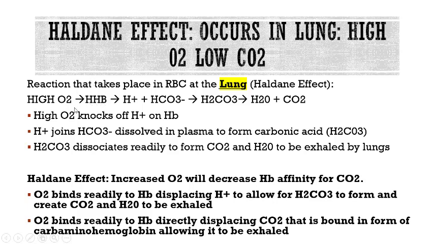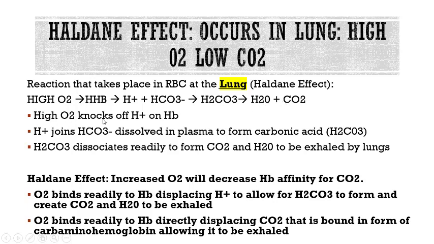So this HHb is your H plus hemoglobin. Because you have the high oxygen in your lungs, it's going to knock that H plus off your hemoglobin. So now you're going to have H plus, and then that HCO3 is going to come back into your red blood cell. That's going to combine to form that H2CO3, which we know does not want to stay together. That's going to dissociate into water and CO2.